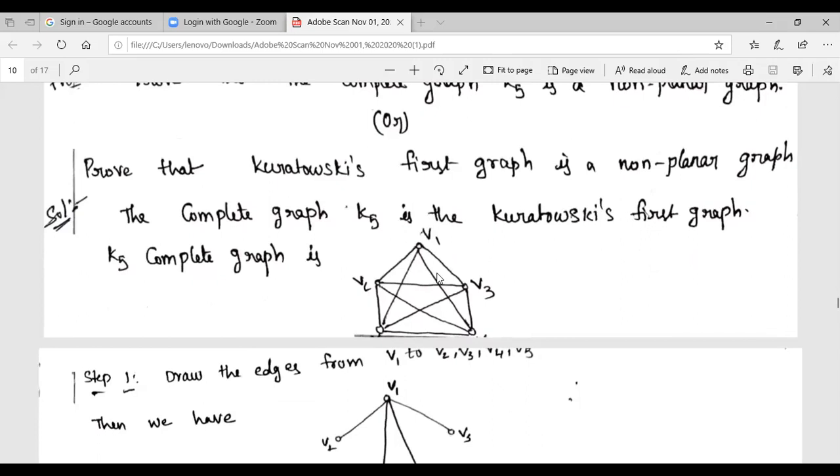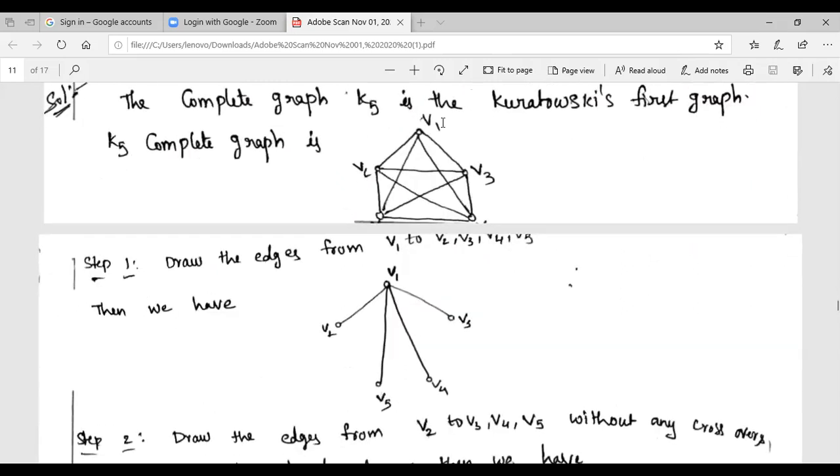So 5 vertices V1, V2, V3, V4, V5. From every vertex, there is an edge to the other vertices of the graph. That is called a complete graph. So whether the given Kuratowski's first graph is planar or not, we have to check.